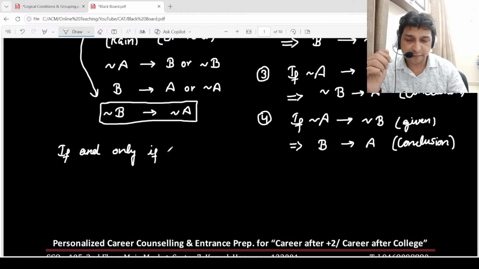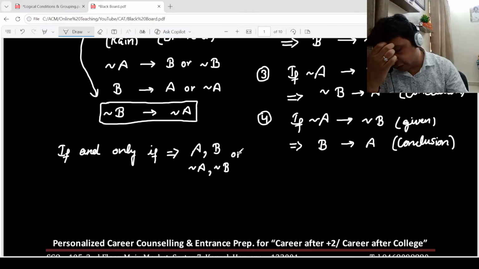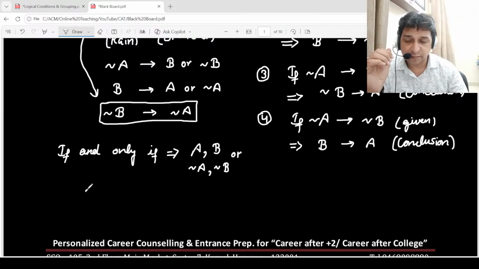In this case, either both the things are going to occur, both going to be true, or both the conditions which are depending on each other, both going to be false.